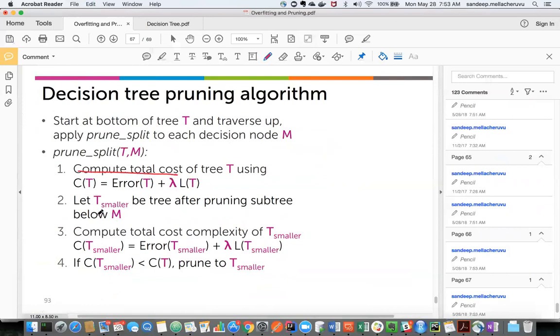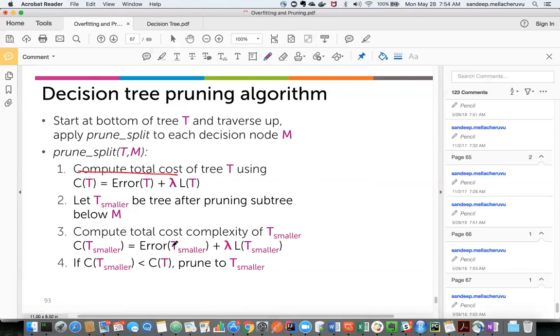Now T smaller means what? After pruning, the tree is called T smaller. So let T smaller be the tree after pruning the subtree at M. Once you prune the decision node M, then you call the tree T smaller.